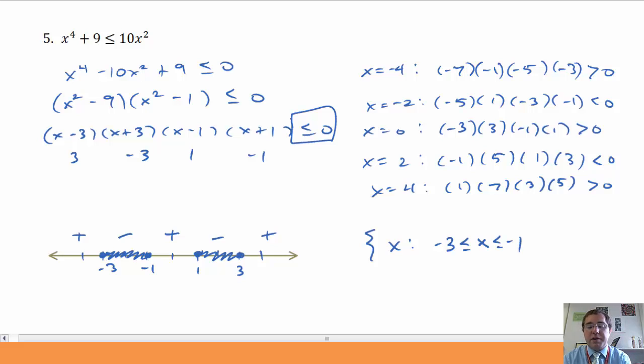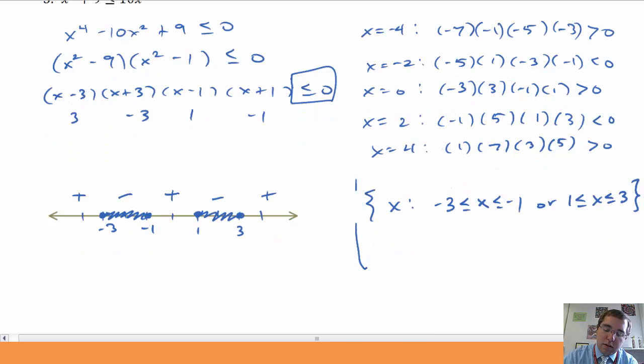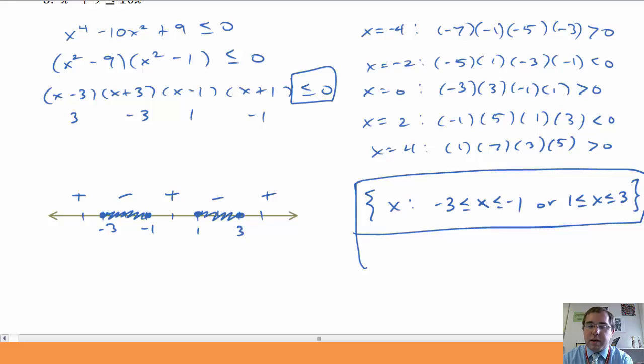So negative 3 is less than or equal to x, which is less than or equal to negative 1. Or I'll take anything in the other region, between 1 and 3. That's my solution set. Take anything in either one of those two regions.